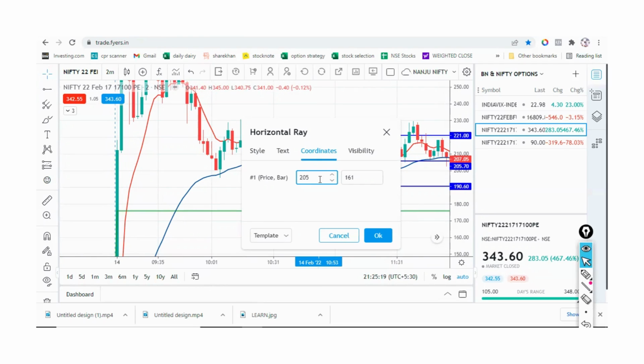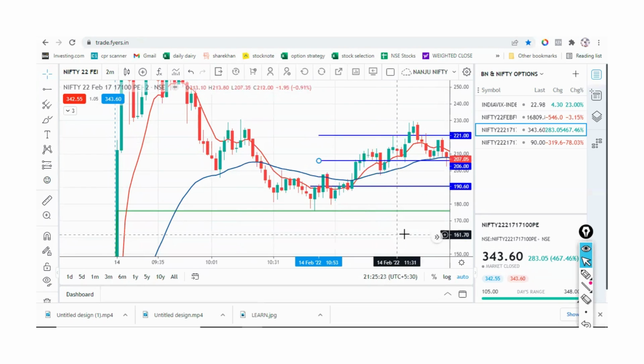Yes, 206 is my first target. Okay, yes. See, my first target is also achieved and my second target is also achieved. This is where the second target is achieved. This is where the first target is achieved. So stop loss is not hit.